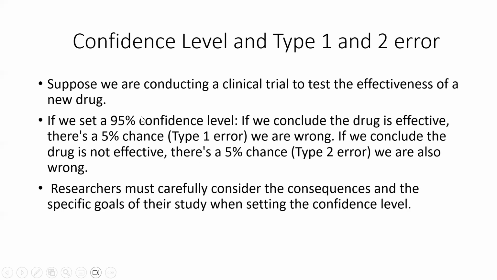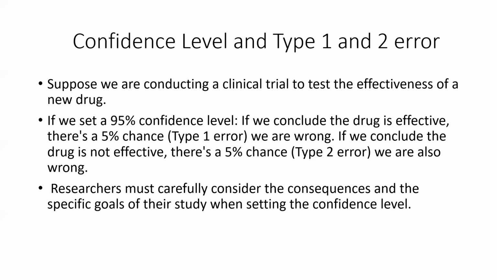Suppose a pharma company is going to conduct a clinical trial to test the effectiveness of a drug. If they set a 95 percent confidence level for the sample size calculation, and they conclude the drug is effective, then there is a 5 percent chance we are wrong. In a clinical trial, they will compare their drug with a comparative drug, or with the placebo.